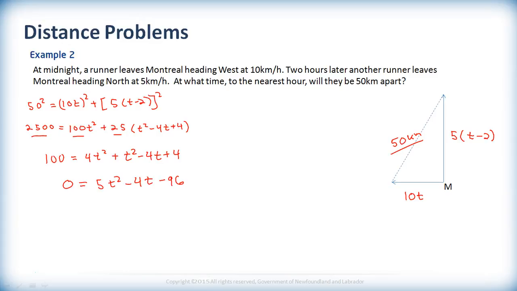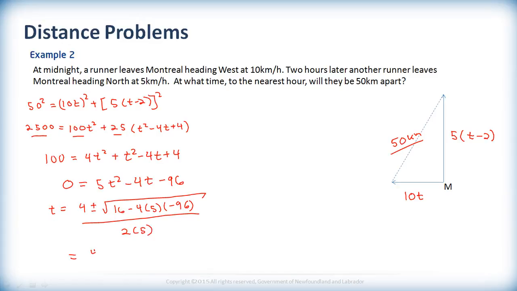I think that actually might factor, but it's going to be complicated factoring, perhaps. Let's use the quadratic formula just for fun. We'll say t equals negative b plus or minus the square root of b squared, which is 16, minus 4 times a times c, all divided by 2a.